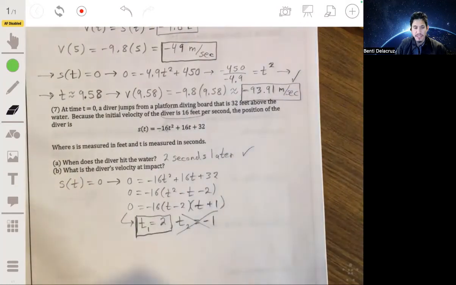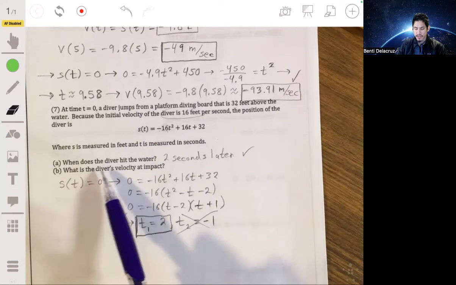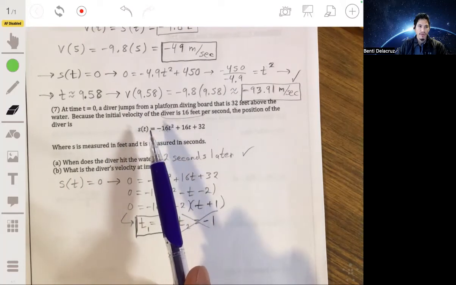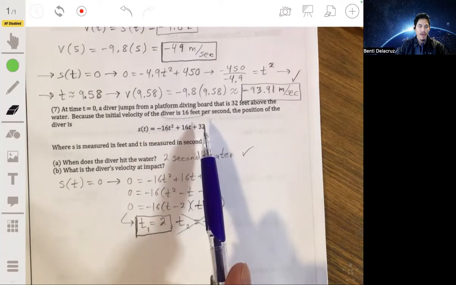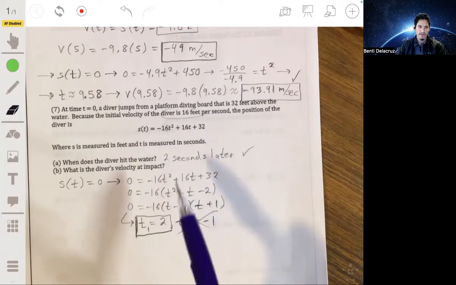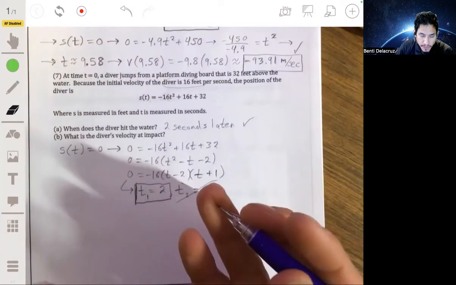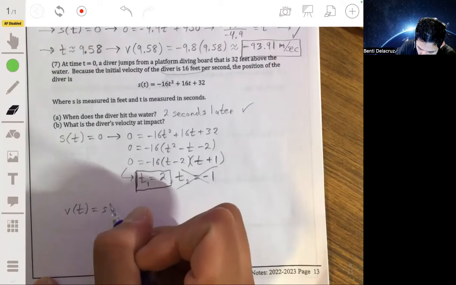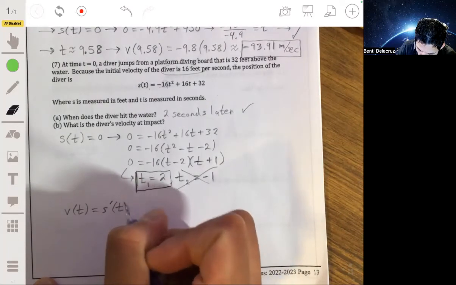Now, what is the diver's velocity at impact? So again, the velocity function is the derivative of the position function. So we find the derivative of this equation and then just evaluate it for t equals 2. So let's find v of t. So v of t is s prime of t.